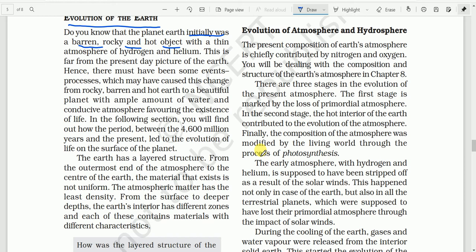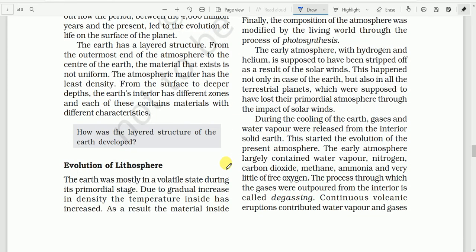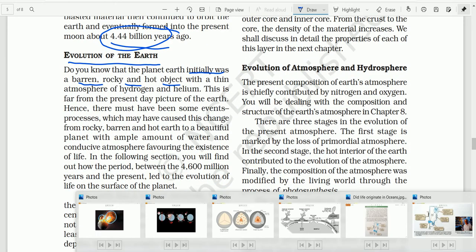It was loose and hot, and the atmosphere was mostly composed of hydrogen and helium, very light and inflammable gases. Now we shall discuss how these different layers of the Earth's interior develop. That is about the origin of the lithosphere. Now see, I will show you one diagram. Just see here.